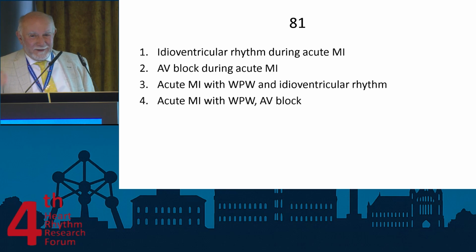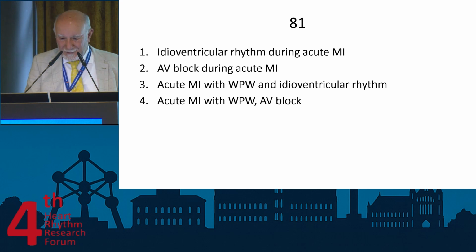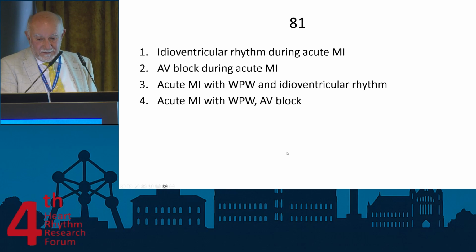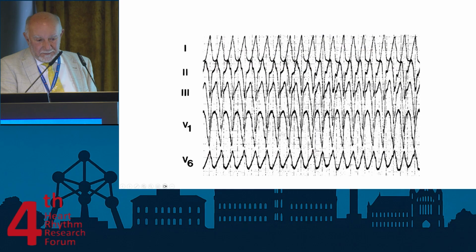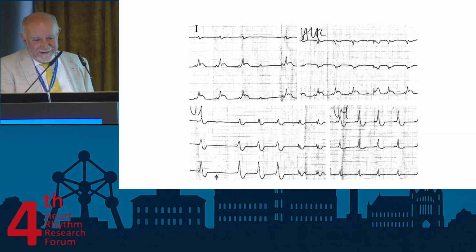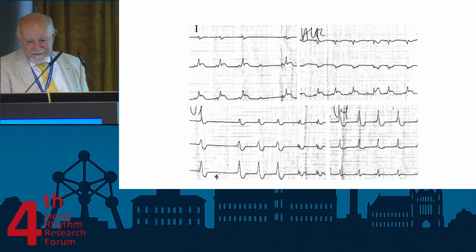So you have now to make a choice. You have now the menu, and you get to make your choice. What is that? Number 1, idioventricular rhythm during acute MI. Can you show it? I show you the slide. It's 4. It cannot be idioventricular rhythm. Look at V4.